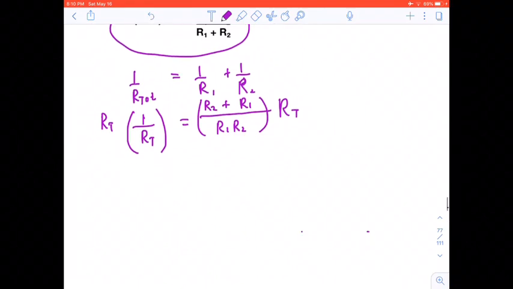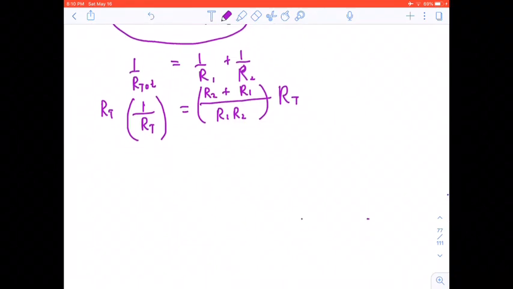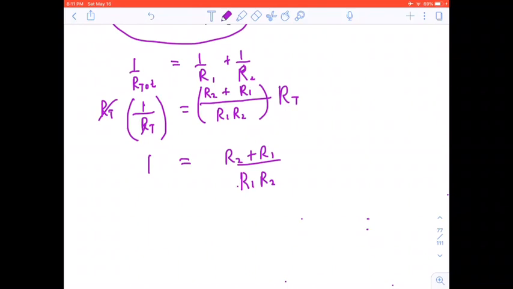So now R total would cancel out, and that would give us 1 is equal to R2 plus R1 upon R1 R2, right?